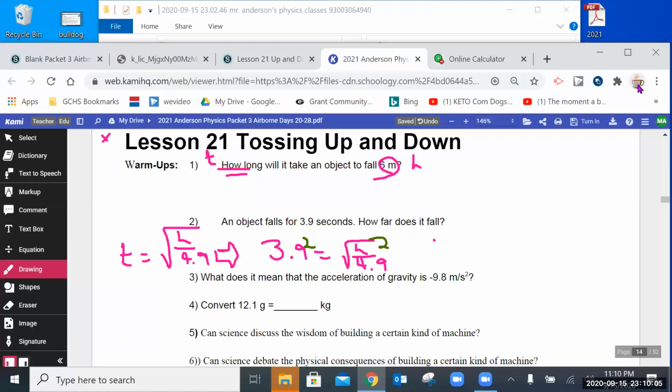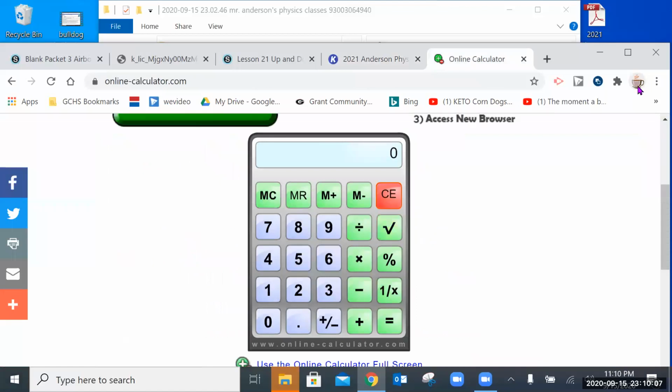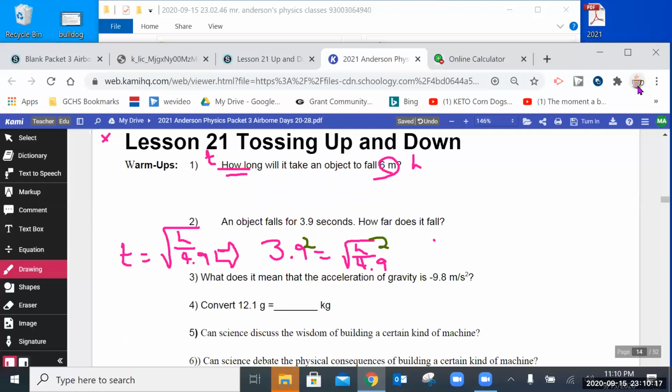And 3.9 squared, got to figure that out. 3.9 times 3.9, 15.21. On the right-hand side, the square and the square root cancel out, so we only have h all over 4.9.